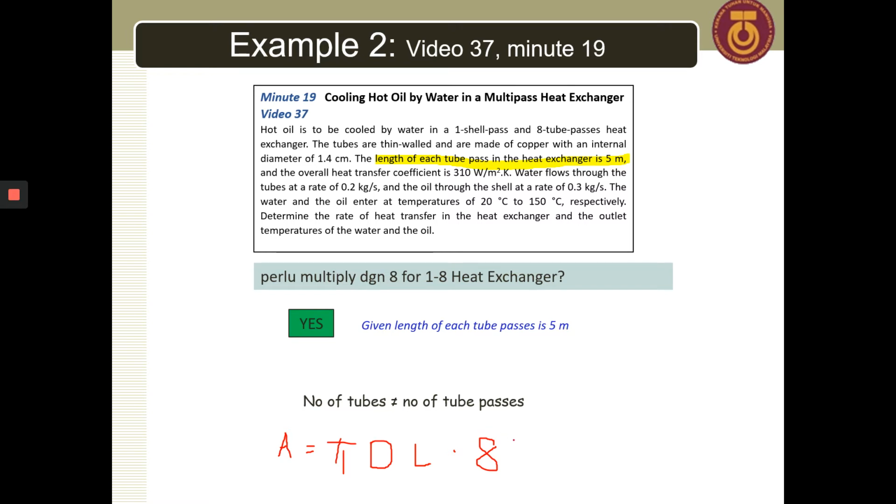So for the 8 tube passes, you have to multiply it by 8. Clearly the number of tube passes is not the same as the number of tubes. So please be careful.